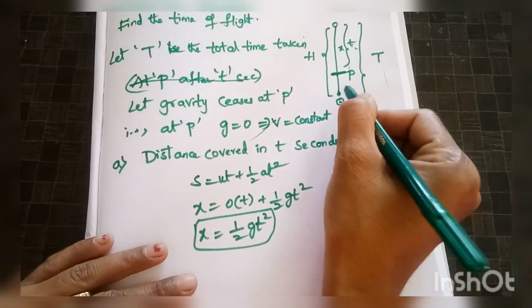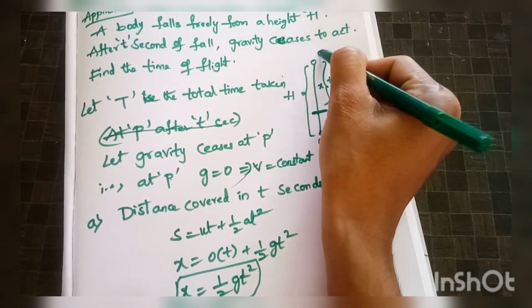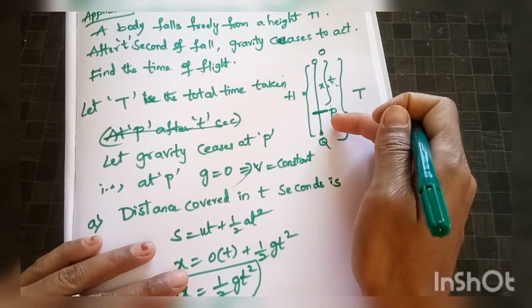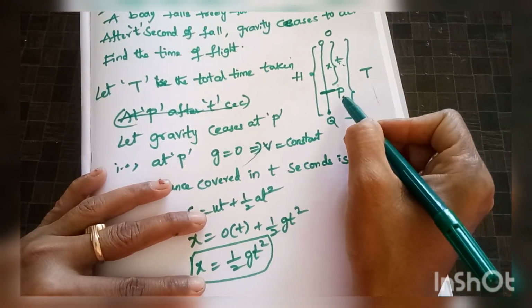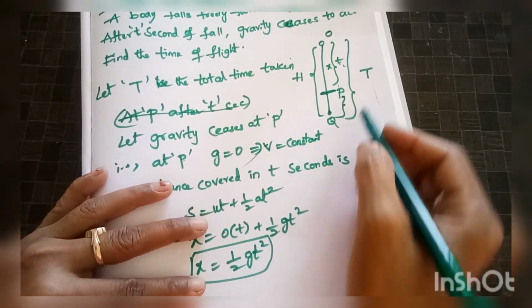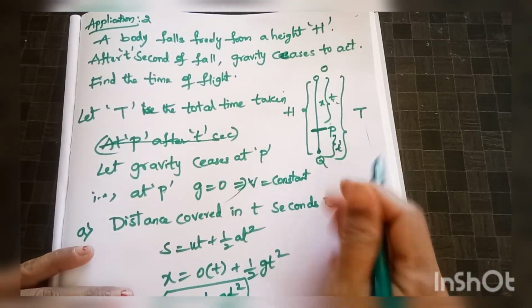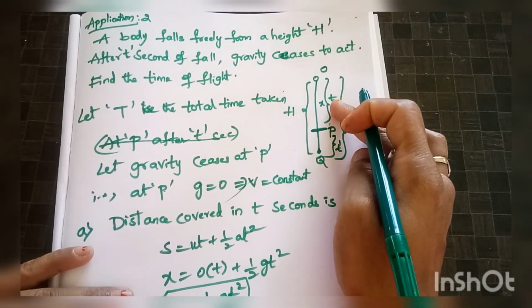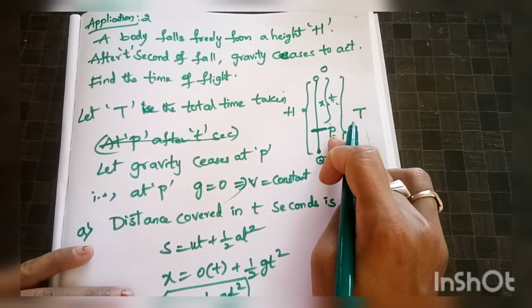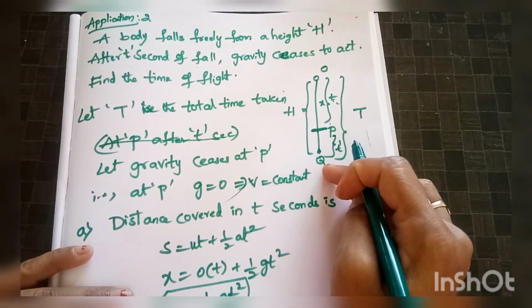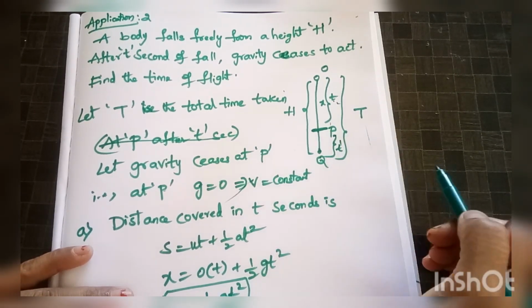And the remaining distance, let us consider this as point O. So O to P, the distance is x equals half g t squared, and the remaining distance is PQ. We don't know that time here, that is considered as t dash. So after t seconds of time, the body ceases its gravity, that is at point P. From P to Q, after gravity ceasing, to reach the ground, the time taken is t dash.